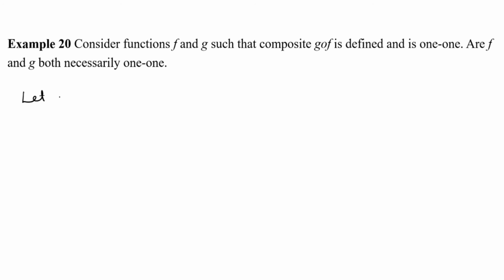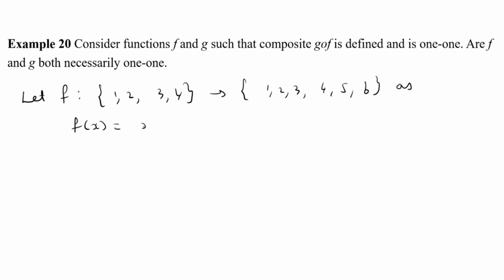So let f be a function from the set {1, 2, 3, 4} to the set {1, 2, 3, 4, 5, 6}, defined as f of x equal to x for all x.